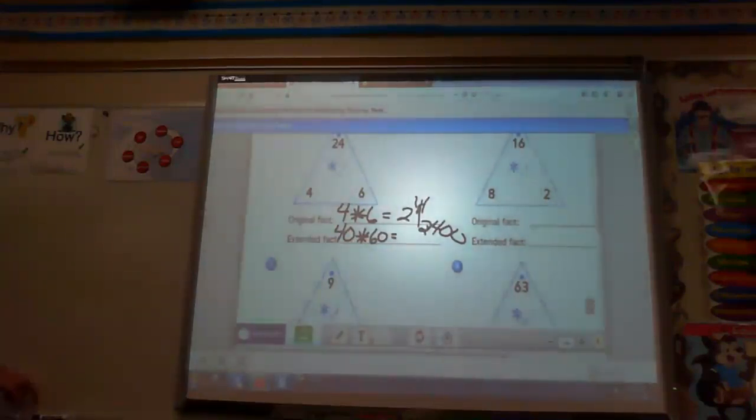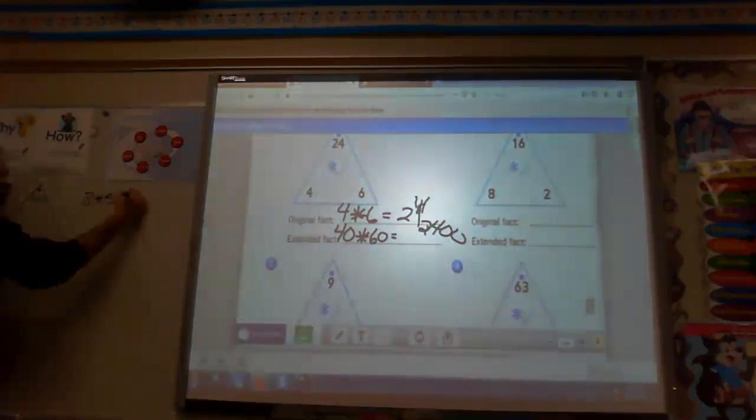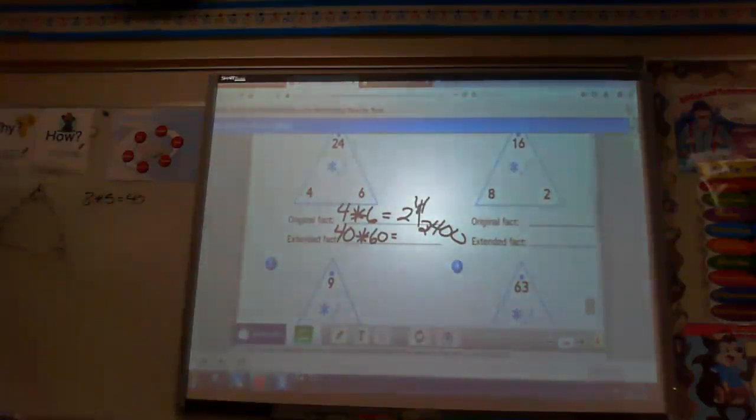Here's why I would do it this way. So here's my triangle. Okay? See, the original fact is 8 times 5 equals 40. Now here's what kids do, and it's the same thing you were working on your math boxes yesterday, and you guys, I'm going to be honest, you struggled.